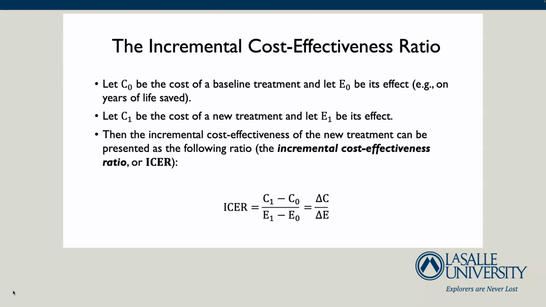Then the incremental cost effectiveness ratio of the new treatment relative to the baseline treatment can be presented as the following ratio, which is called the incremental cost effectiveness ratio. And so here we see the change in cost over the change in effect, and that will be this incremental cost effectiveness ratio.